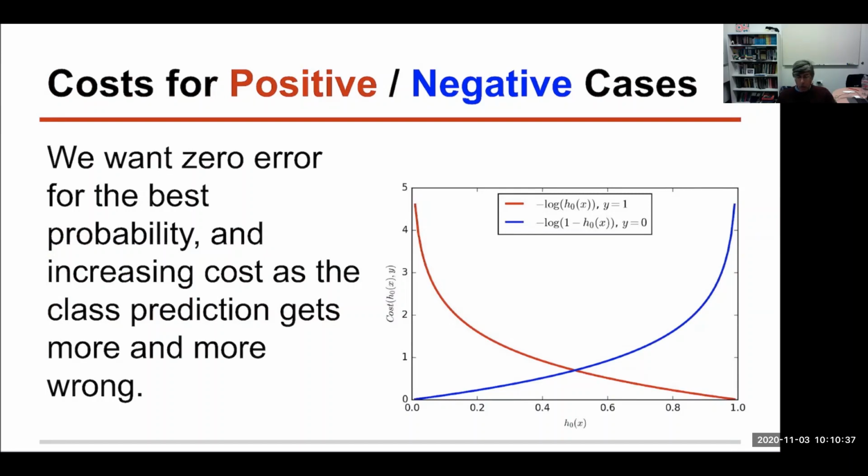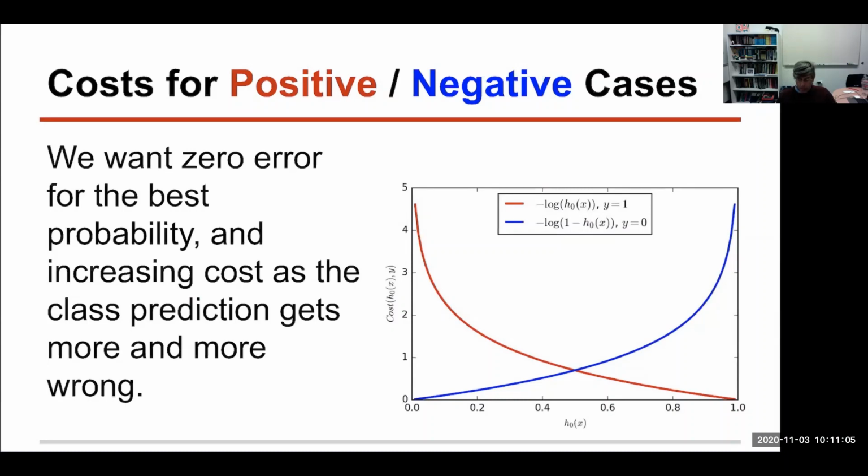In an ideal world, if we were being greedy, we might say what we want our classifier to do. But before we talk about what we want as ideal, what is the cost function that we're going to use in logistic regression? I'm going to claim a cost function that has this kind of property.